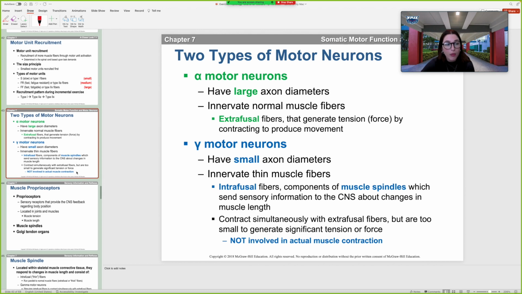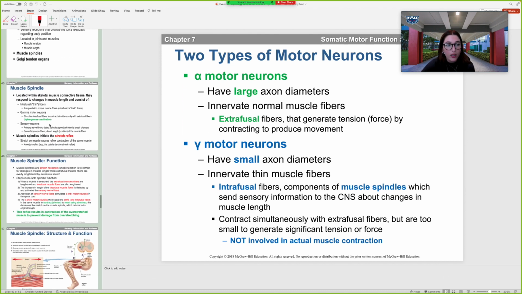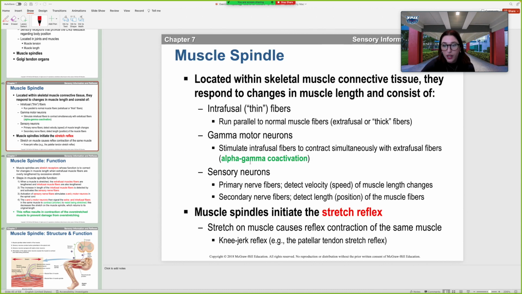So these gamma motor neurons tell the muscle, these intrafusal fibers, part of the muscle spindle, to contract. Okay, so the gamma motor neurons stimulate intrafusal fibers to contract simultaneously with extrafusal fibers. So when the alpha motor neurons fire off and tell the muscle to contract, the gamma motor neurons are going to fire off at the same time, simultaneously telling the intrafusal fibers to contract, even though they're not actually producing any force, okay?